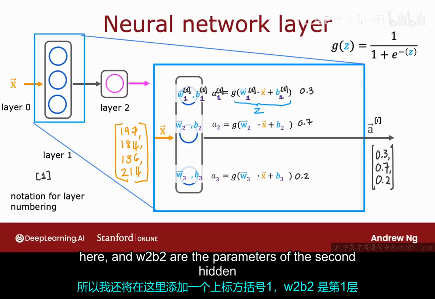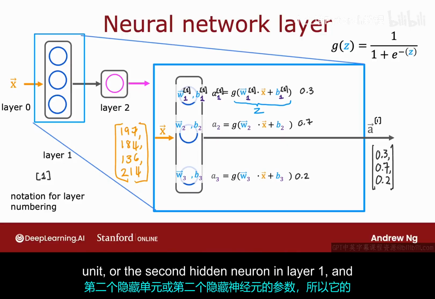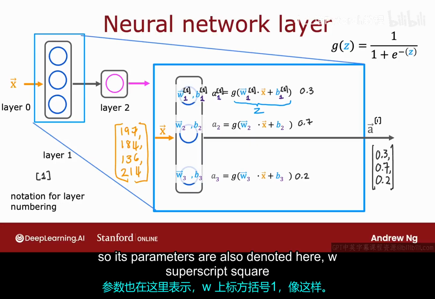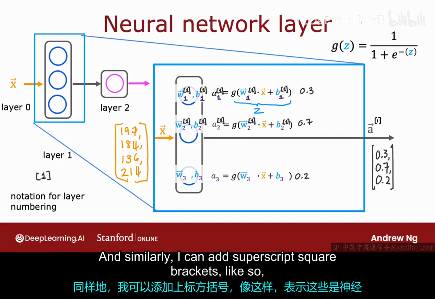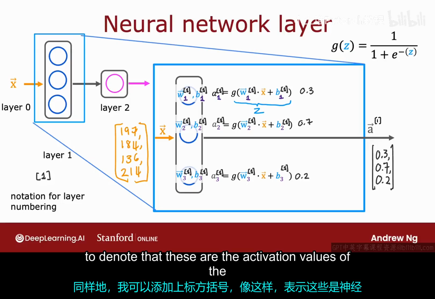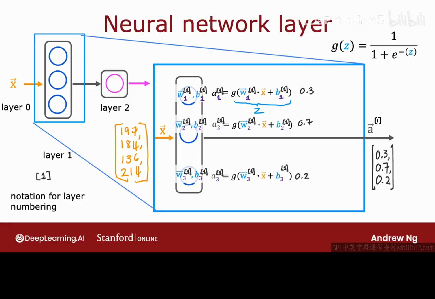And W2, B2 are the parameters of the second hidden unit or the second hidden neuron in layer 1, and so its parameters are also denoted here, W superscript square bracket 1, like so. And similarly, I can add superscript square brackets like so to denote that these are the activation values of the hidden units of layer 1 of this neural network.